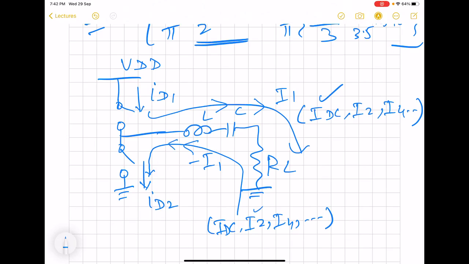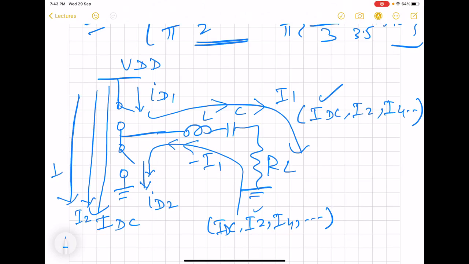The same thing happens with I4. So ultimately IDC flows through this path from VDD to ground, because through the load network they cancel out each other's effect. Similarly, I2 will also flow like this, and I4, and so on.